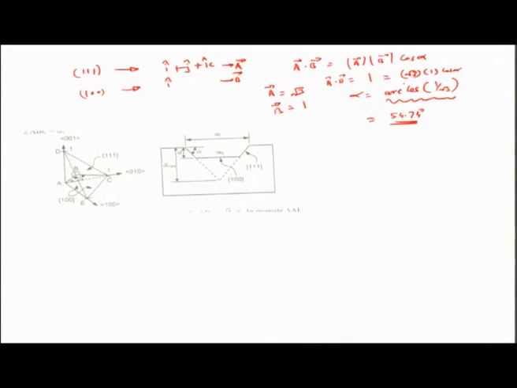So that's what the value of the angle is between the two directions, that is 111 and 100 direction. Let us now further go ahead and look into the calculations associated with part B of the problem. This is part A.